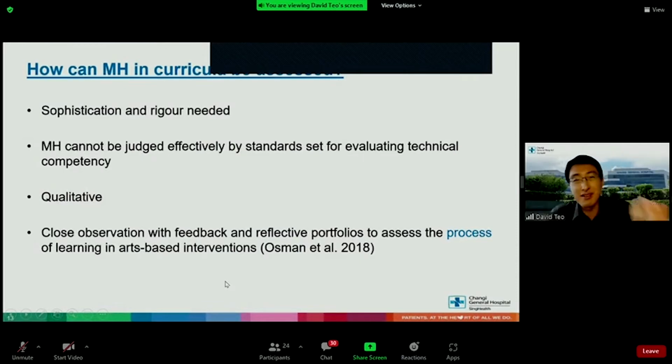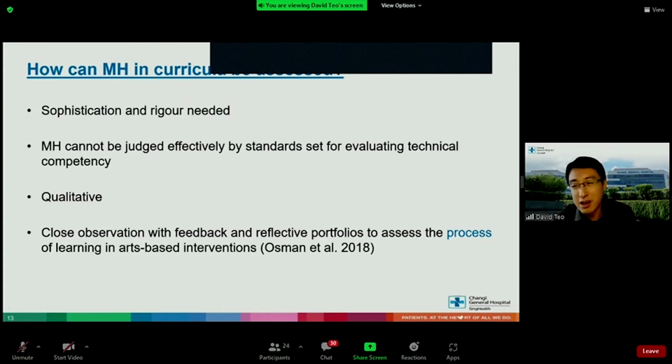Right, so I think we always talk about the need for assessment, or examining outcomes as well. And in so doing, there are calls for the outcome measures to be more sophisticated and rigorous. But of course, the challenge is that we all know the humanities is difficult to judge effectively by the standards that we set for evaluating technical competency, for example, how well a student does a lumbar puncture or IV cannulation.